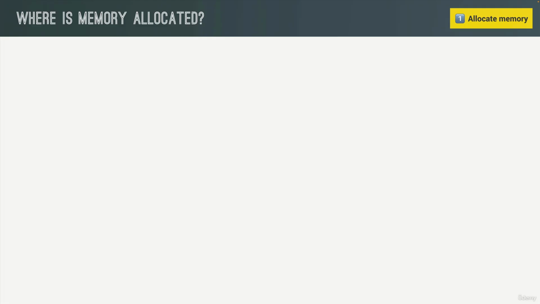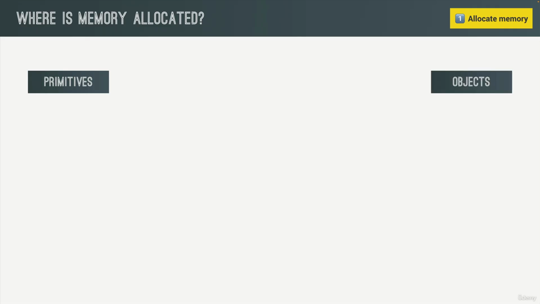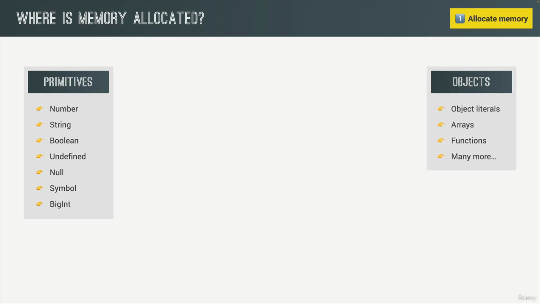Well, remember from earlier in the course that in JavaScript, values are either a primitive value or an object. So primitive data types are numbers, strings, booleans, undefined, null, symbols, and big ints. Then everything else is objects. So that includes objects created with the object literal, arrays, and even functions. So all those are, in fact, objects. So those are the two types of values that exist in JavaScript.